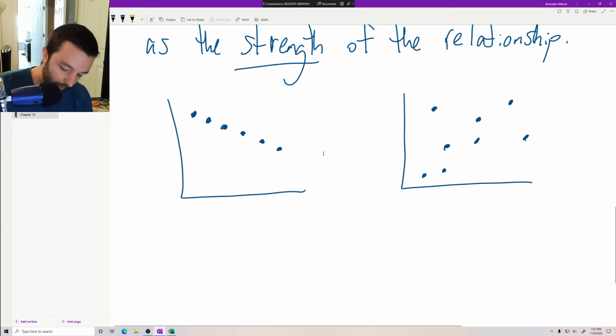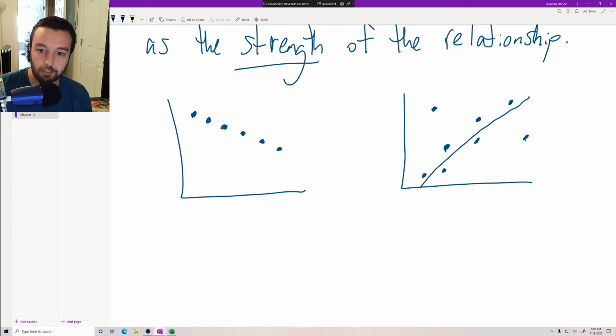So it's like, okay, I can kind of see a line in here, going through here, and that line's pretty close to a lot of those data points, but it's really far away from this one and this one. So maybe there's a relationship here, but it's probably a pretty weak one if there is.